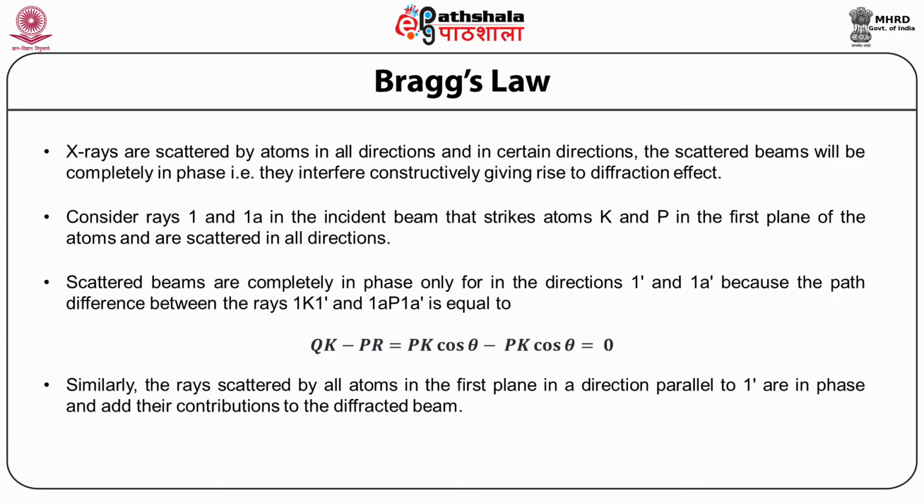Similarly, the rays scattered by all atoms in the first plane in a direction parallel to 1' are in phase and add their contribution to the diffracted beam. This will be true for all planes separately.